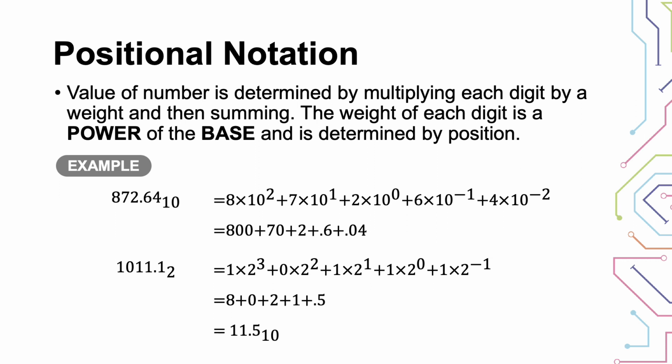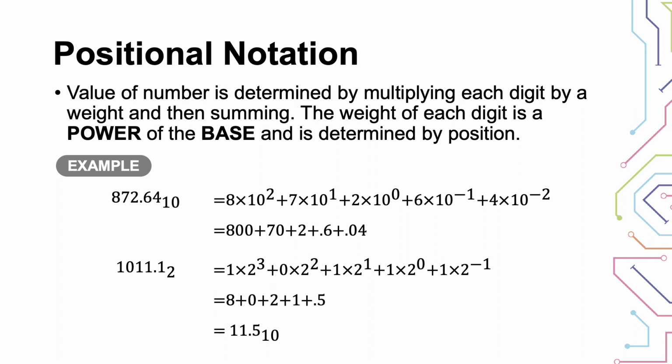The weight of the digit is the power of the base, determined by its position. For example, we have a base of 10 in the first example, and the power is the weight based on the position.